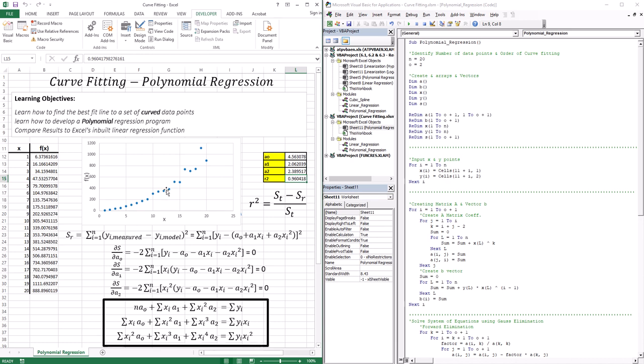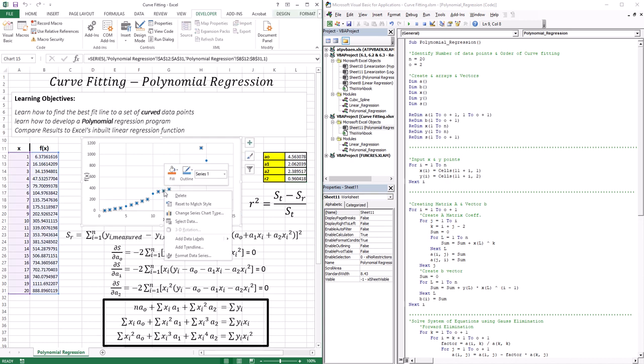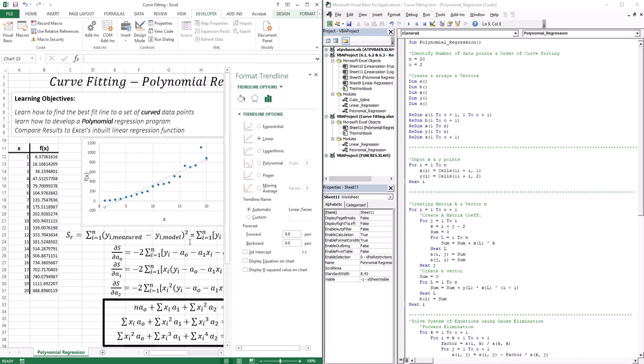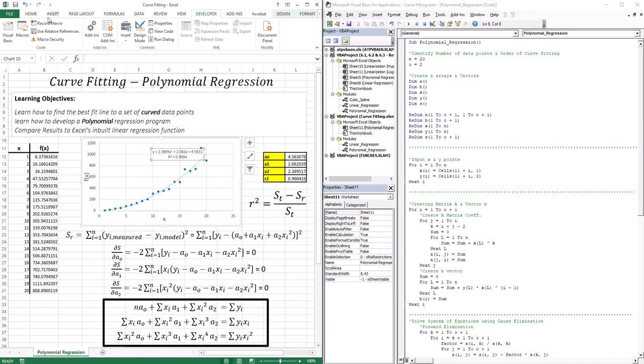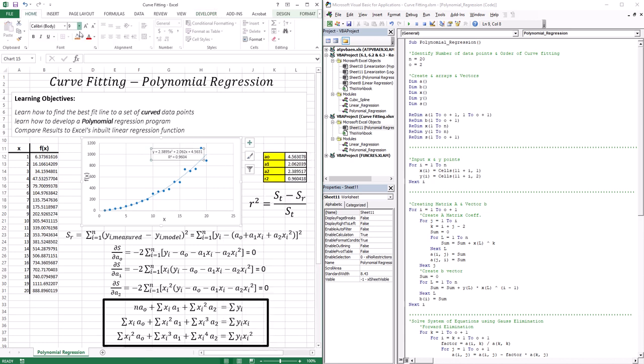So let's actually go ahead and compare this to Excel's inbuilt function. I'm going to right click here, add a trend line, and use a polynomial of order 2. I'm going to display the equation and the R squared, and compare them to the values that I got. So let me enlarge this a little bit.